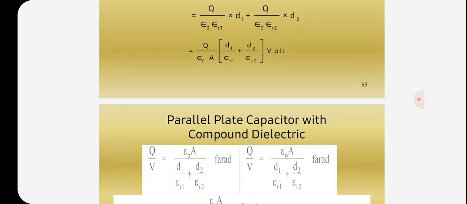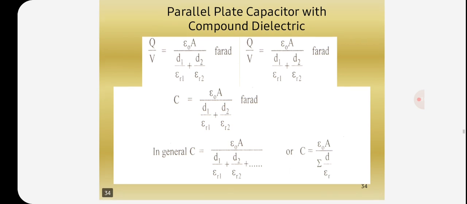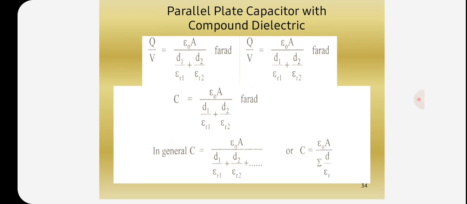So here, for the parallel plate capacitor with the compound dielectric, Q by V is equal to epsilon naught A by d1 by epsilon r1 plus d2 by epsilon r2 farad.